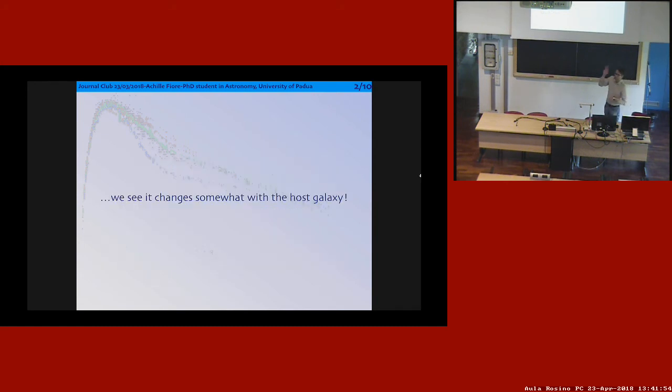So we expect that quantity should be more or less zero, or tiny, at least constant, but we see that it actually changes a little bit with the host galaxies.